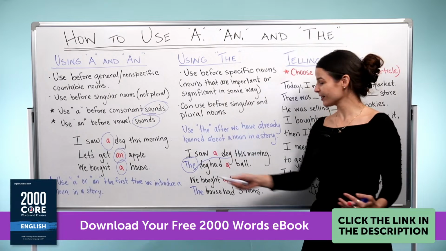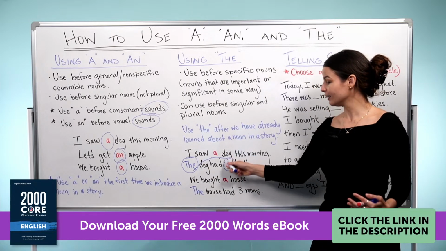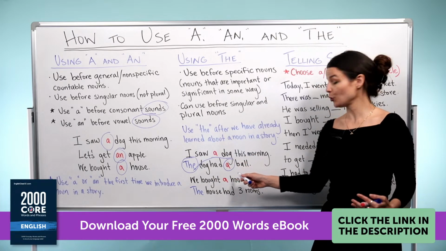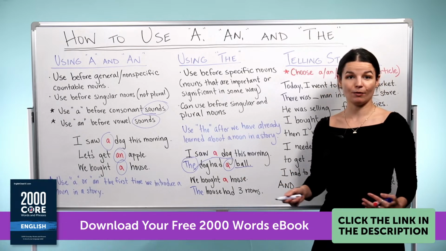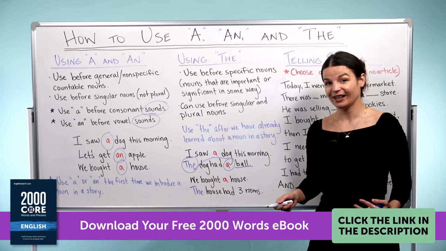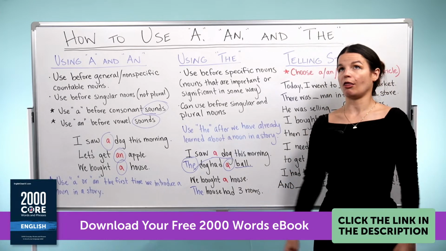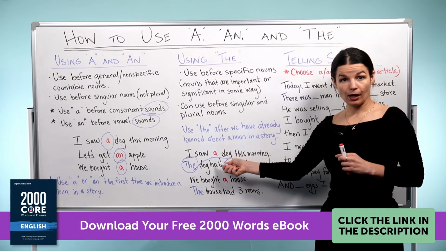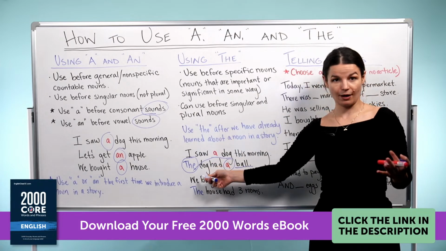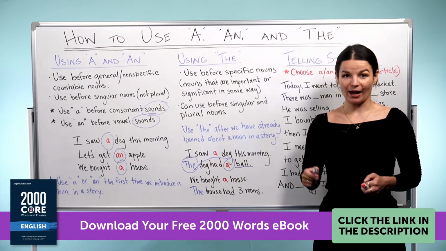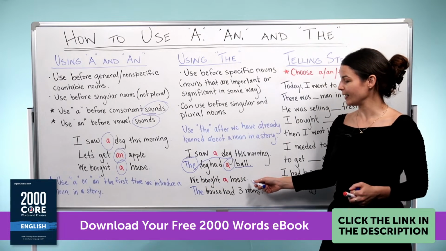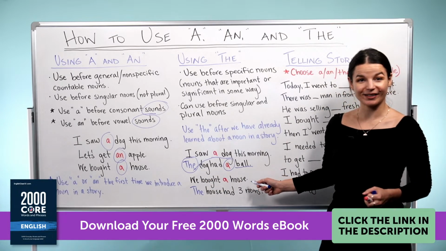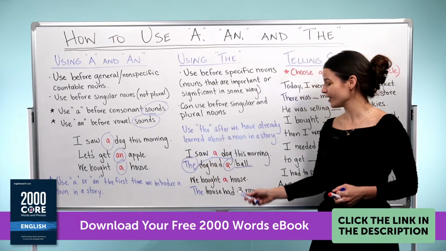And notice the dog had a ball. In this sentence, I introduce a new noun, ball. The dog had a ball, okay? Maybe the next sentence could be, the ball was red, right? So we introduce with a. We follow up with the, okay? Let's look at one more pair. First sentence: we bought a house. Okay, same as part 1 here. We bought a house.